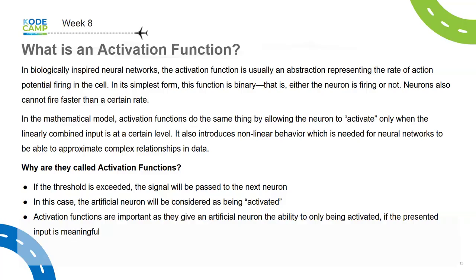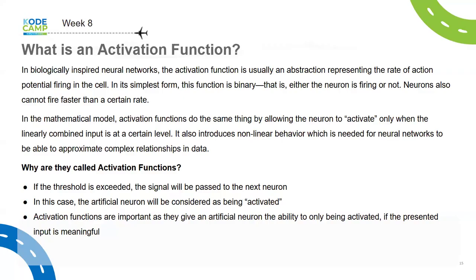So there's a certain threshold that the cell potential needs to exceed before an electrochemical current is fired down the axon to the synapses that will connect to the cells that follow that particular cell. It's a charge system, basically electrochemical charges. So it keeps accumulating as signals are coming from the input, until it gets to a certain threshold, then it shoots out, right?